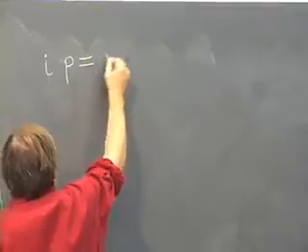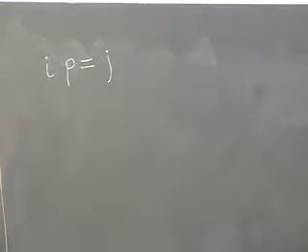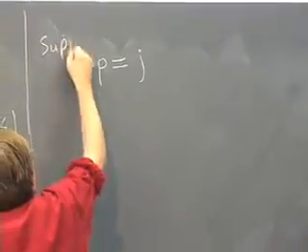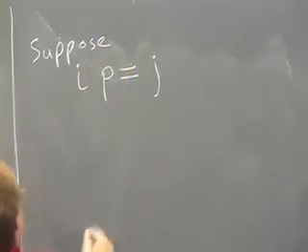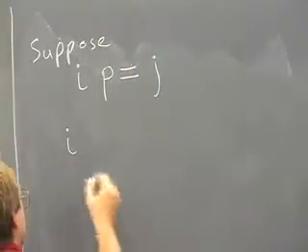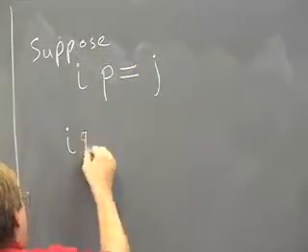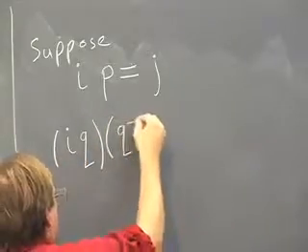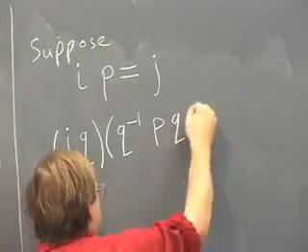Suppose I is sent by P to J. And now what are we interested in? We're interested in I, where I acted on by Q is going to be sent by the product Q inverse PQ.